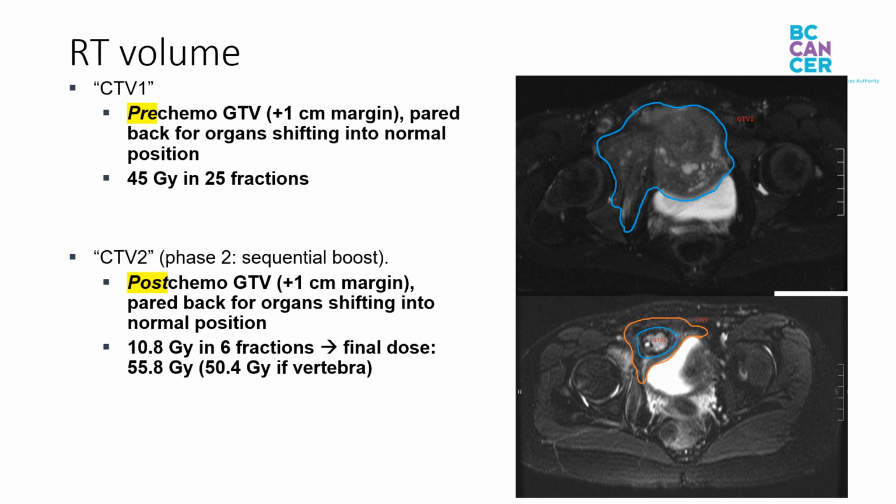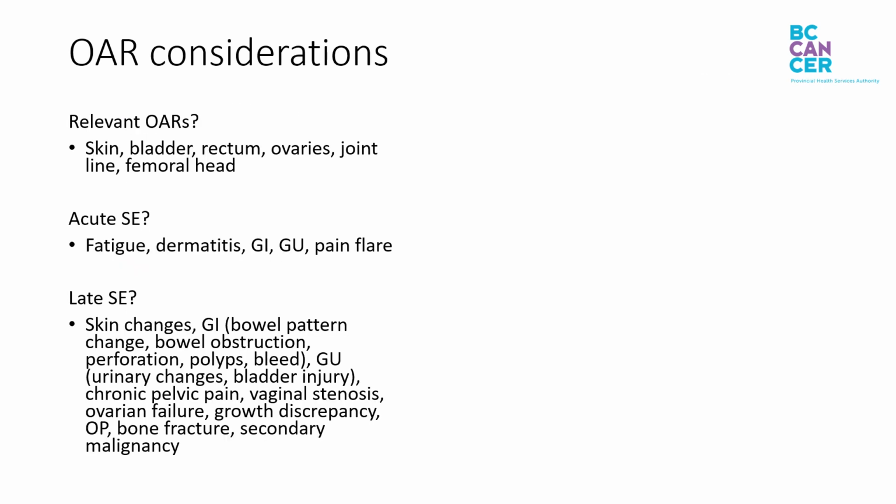Notice that for vertebral bodies, they usually recommend slightly lower dose at 50.4 gray to ensure that we minimize the risk of myelopathy. In terms of the relevant organs at risk, for this particular patient, they would include skin, bladder, rectum, ovaries, joint line, femoral head. Potential acute side effects may include fatigue, dermatitis, gastrointestinal, genitourinary side effects, or pain flare.